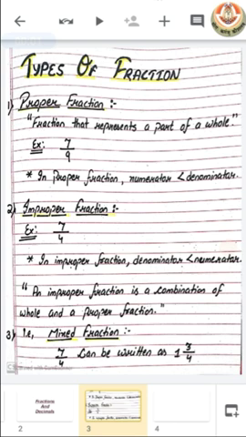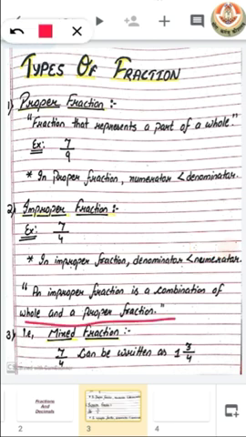An improper fraction is a combination of a whole number and a proper fraction. That means we can write an improper fraction in the form of a mixed fraction. Here you can see an example of an improper fraction, and it can be written in this form, which is known as a mixed fraction.